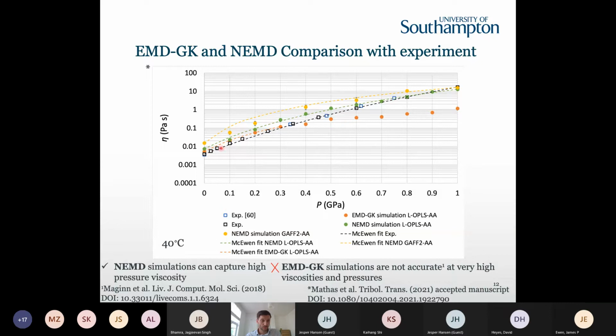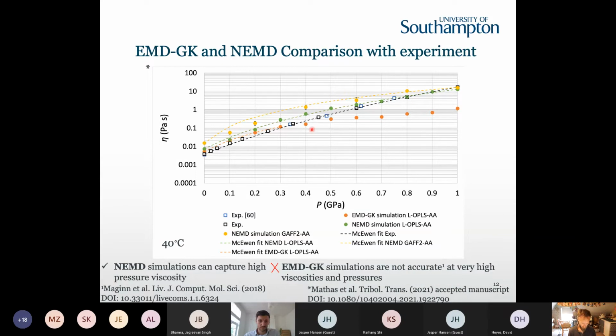Then in this plot we also see the pressure viscosity behavior for the two methods. On the x-axis we have the pressure and on the y-axis the logarithmic scale of viscosity. The orange circles are the EMD Green-Kubo method, while green is the NEMD with L-OPLS, and yellow are results with GAFF.